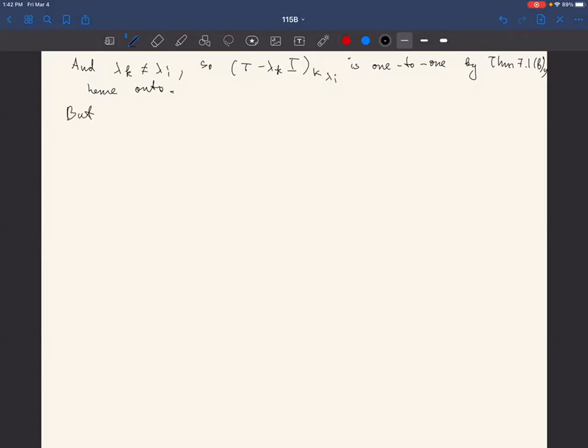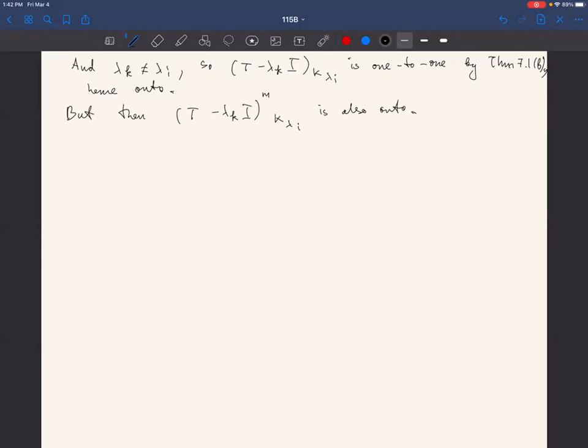Actually, that was the remark earlier, that it's finite dimensional. So it's onto. But then we have that (T - λ_k I)^m restricted to the subspace K_λi is also onto. Because if some operator is onto and I take some power of that operator, so just apply it repeatedly, I still get onto.